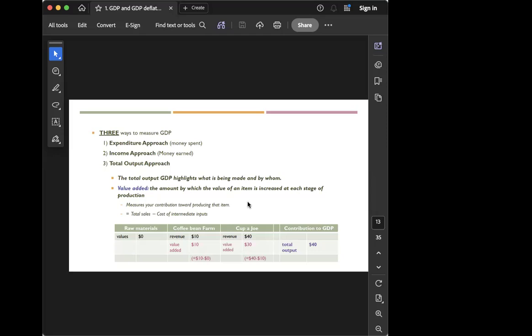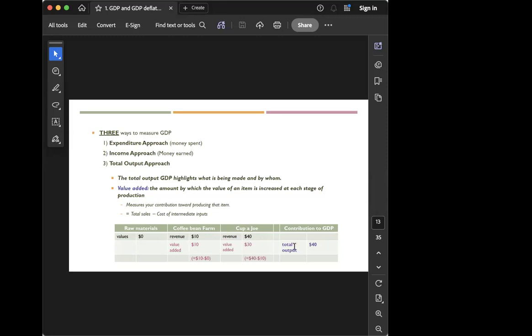I brought an example, the same one as the previous. We knew they had revenue of $10 and $40 before, right? Then just compare it with the previous stage. Then we know that Coffee Bean Farm added $10 of value and Copa Joe added $30.